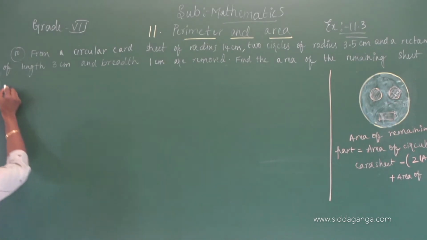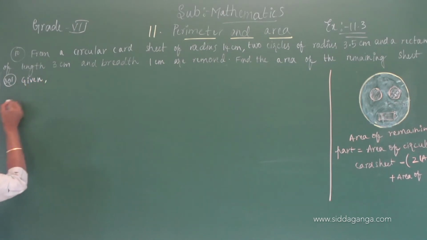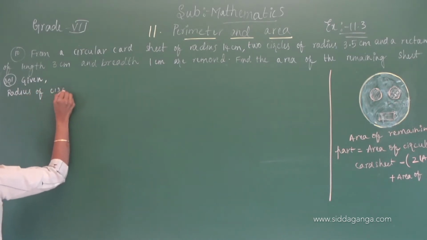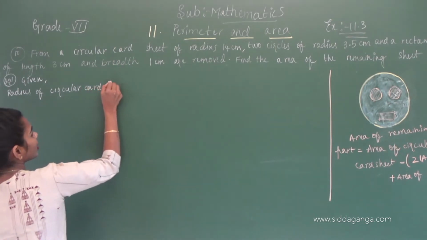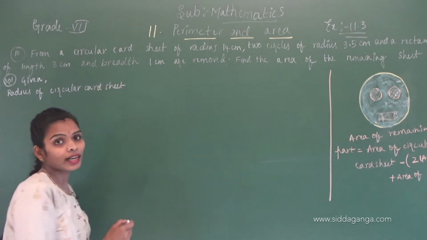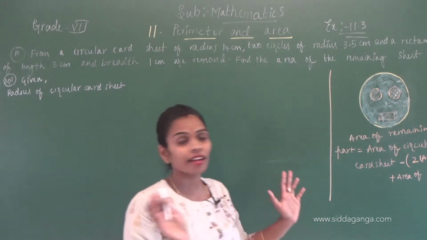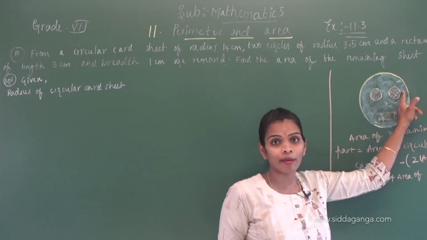In the solution, first you have to write the given: radius of the circular card sheet. What is the radius of the circular card sheet? Capital R. I am taking this one as capital R and this 3.5 as small r, to show the difference.